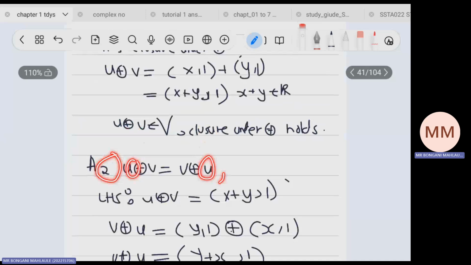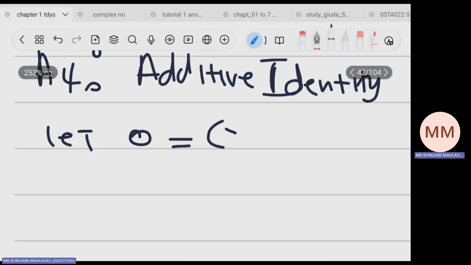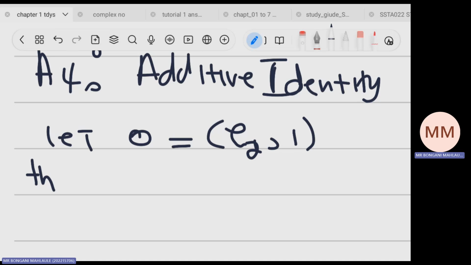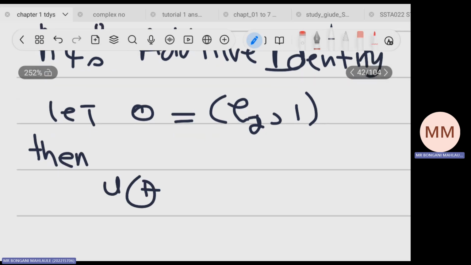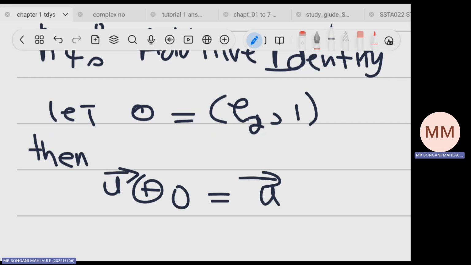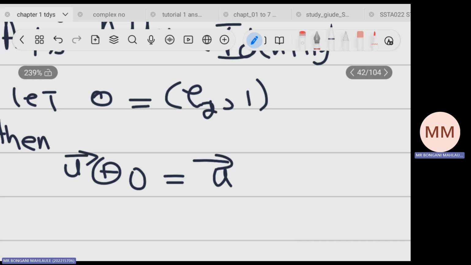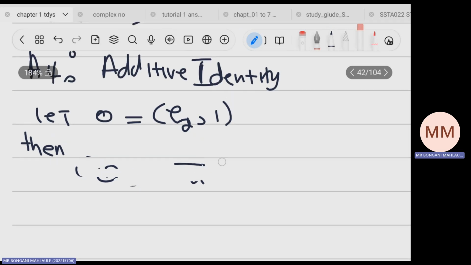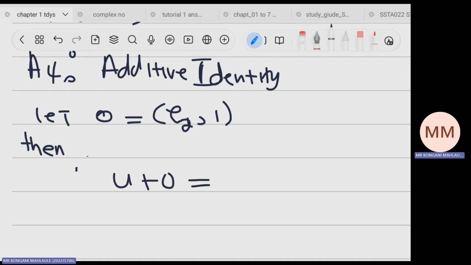So even here you will say element comma 1. So we're letting 0 to be this, or you can say e2 comma 1, it's up to you. Then you can say u plus 0. We know that we're expecting to get u when we add this. Or perhaps let me remove these arrows. U plus 0, vector, you must get u.